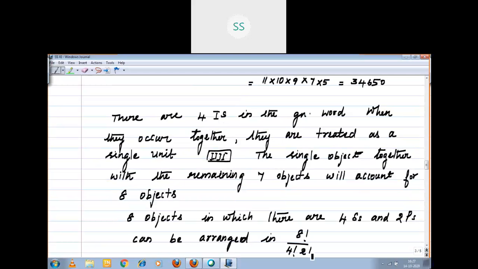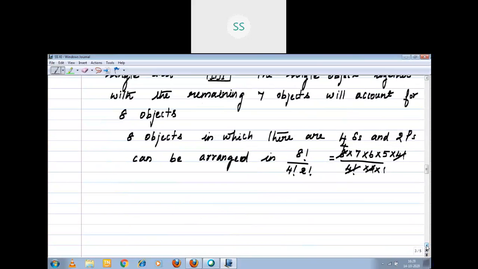These can be arranged in 8 factorial divided by 4 factorial into 2 factorial, which is equal to 8 into 7 into 6 into 5, 4 factorial, divided by 4 factorial into 2 into 1.